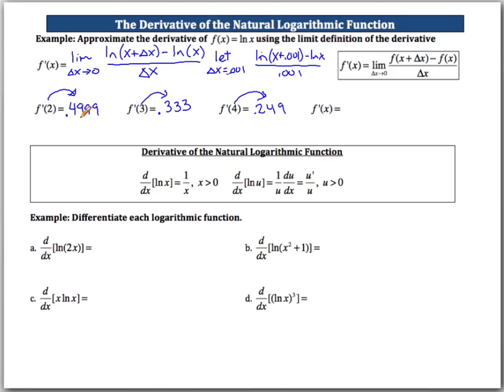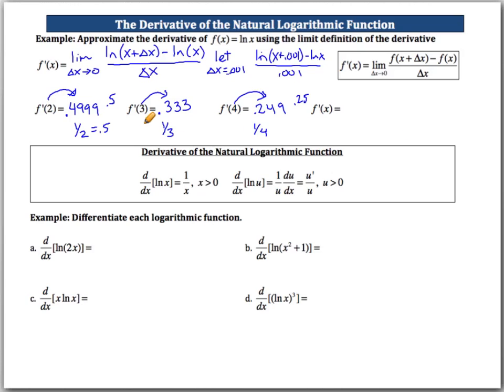Okay, well this is really close to 0.5, right? And how does 0.5 relate to 2? Well, 1 over 2 equals 0.5. This right here, hopefully you can recognize as 1/3. So if we plug in 3, we get 1/3. This is really close to 0.25, which we know is 1/4.